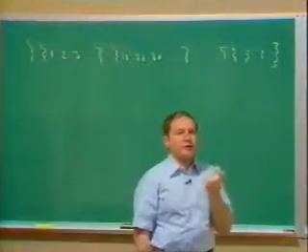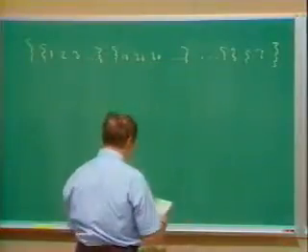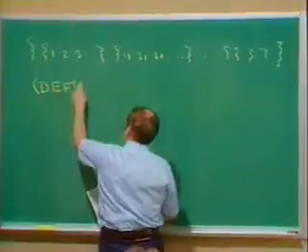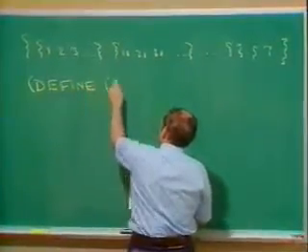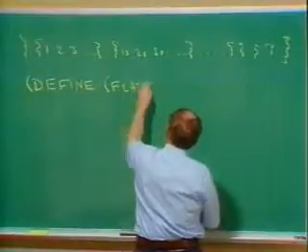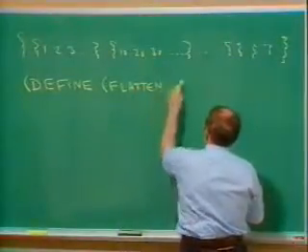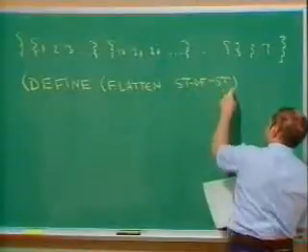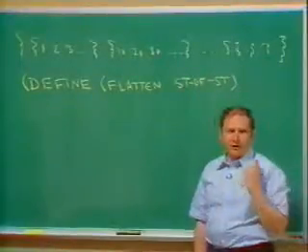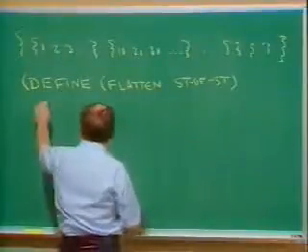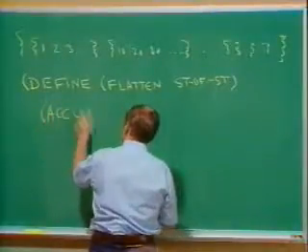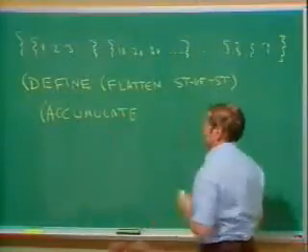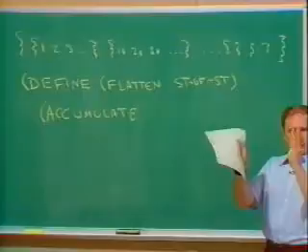So just to show you the use of this language, how easy it is, I'll call that flatten, and I can define it to flatten a stream of streams. Well, what is that? That's just an accumulation. I want to accumulate using append, by successively appending.